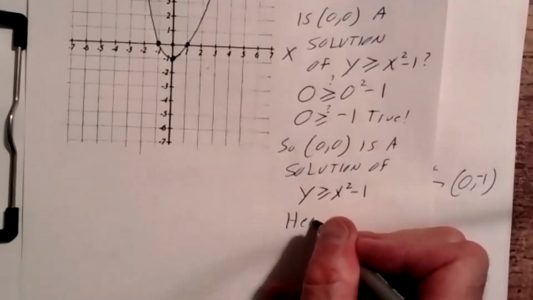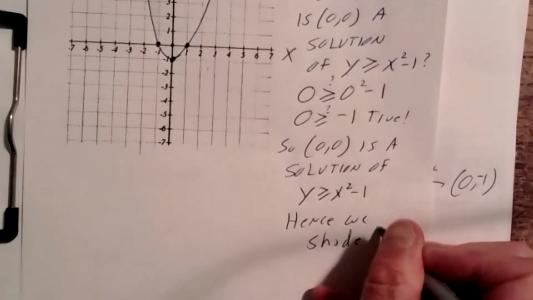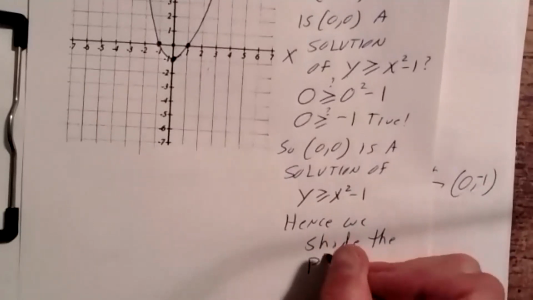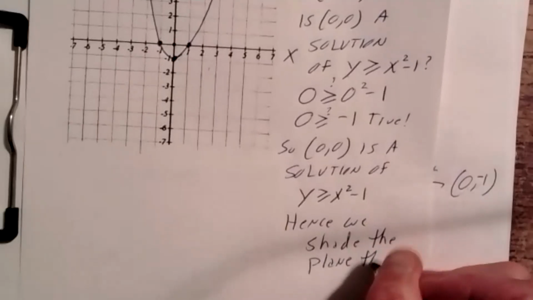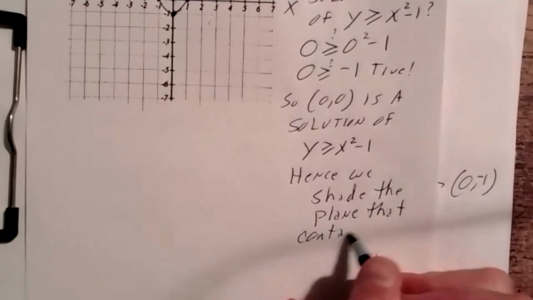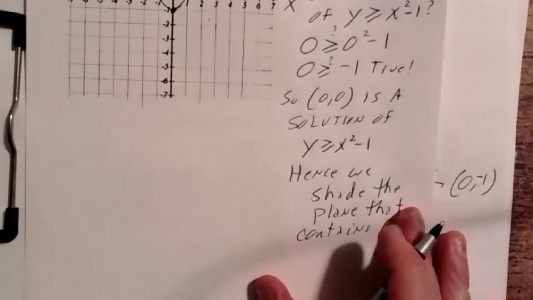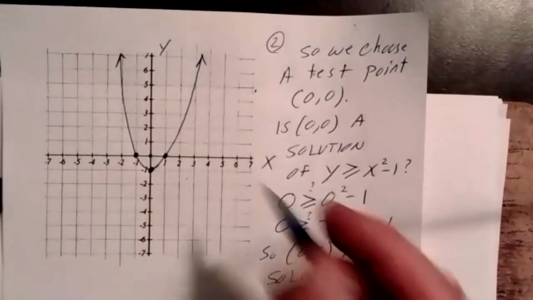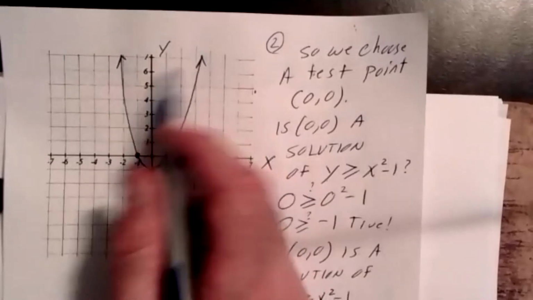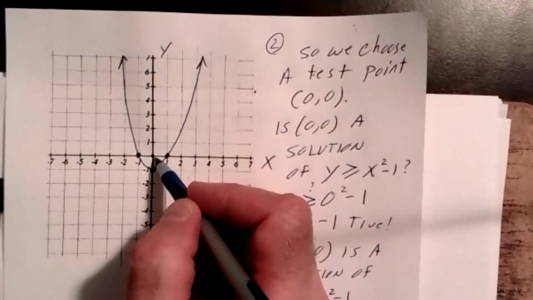Hence, we shade the plane that contains 0, 0, because we discovered it's a solution. Which means, ladies and gentlemen, that we're going to shade in between the branches of the parabola, because it's that plane that contains 0, 0.